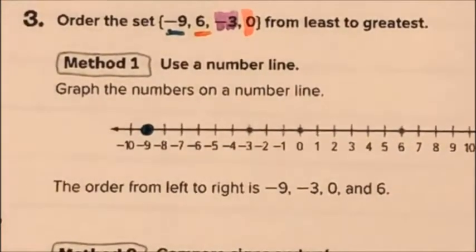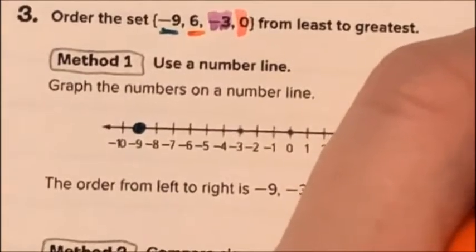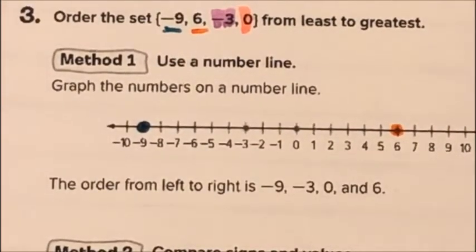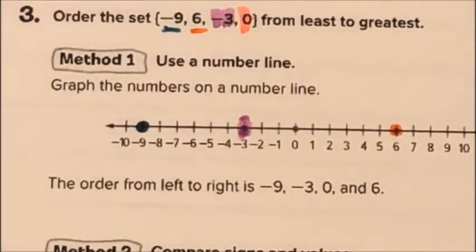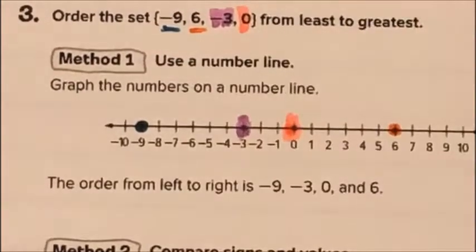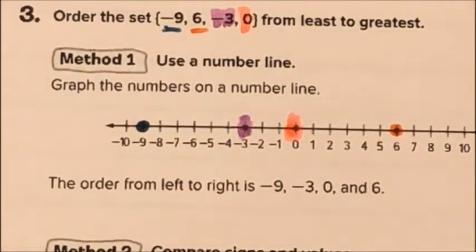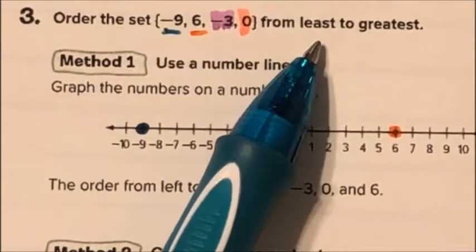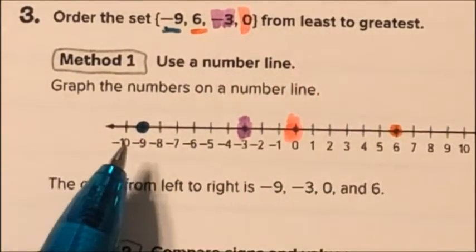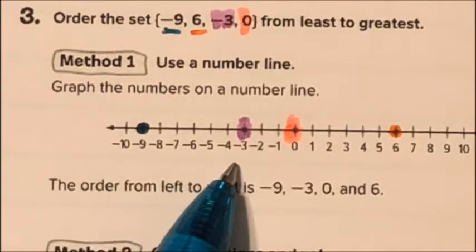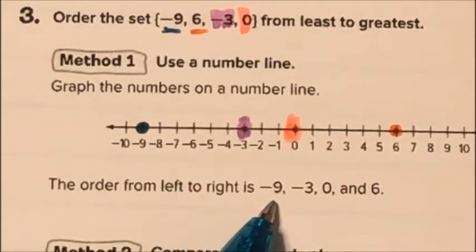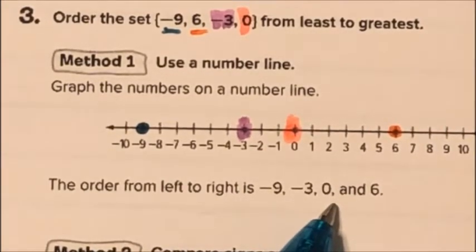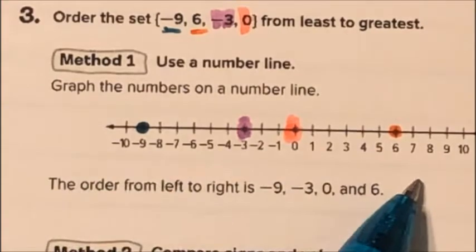So there's -9, there's 6, -3, and 0. Now I'm ordering them from least to greatest. My smallest number on my number line is -9. And then it's -3, and then it's 0, and then it's 6. So the order from left to right is -9, -3, 0, and 6, because that's the order they appear on the number line.